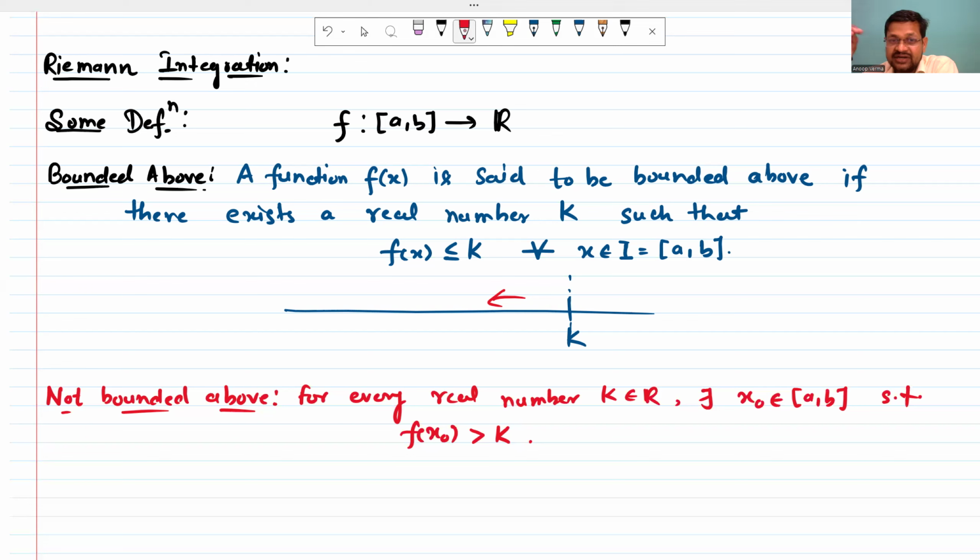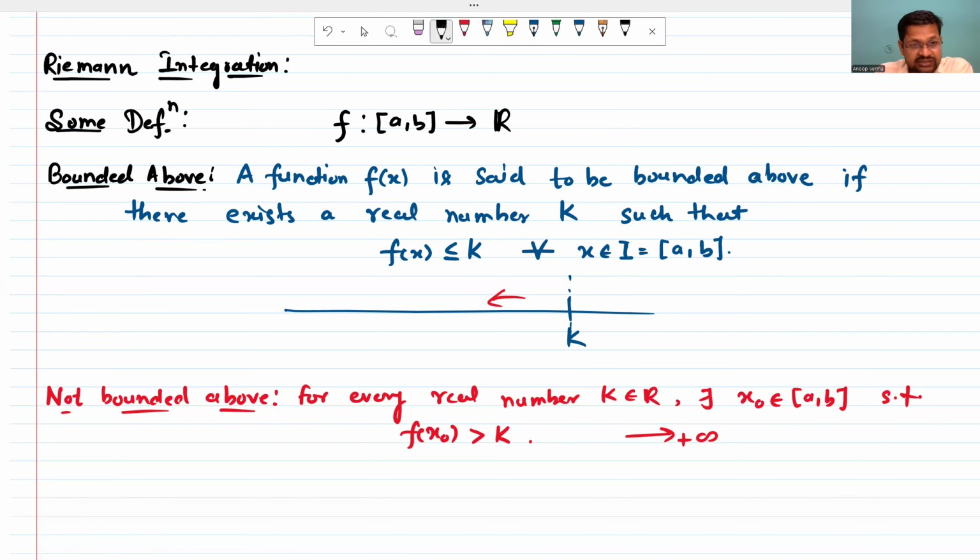For every real number, the value of the function is more than that real number. So function is not bounded above. It means you can say the function is tending to plus infinity. So that type of function is not bounded above. Okay. So we understood the definition of bounded above function.